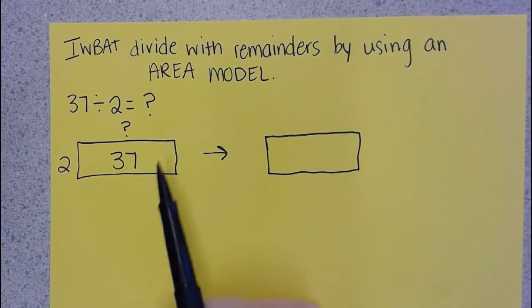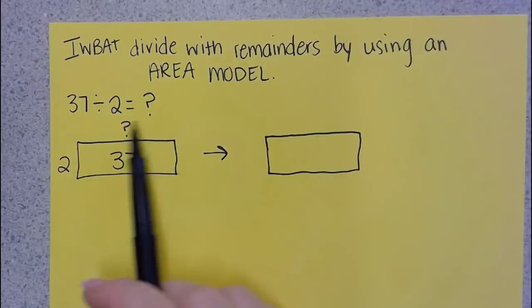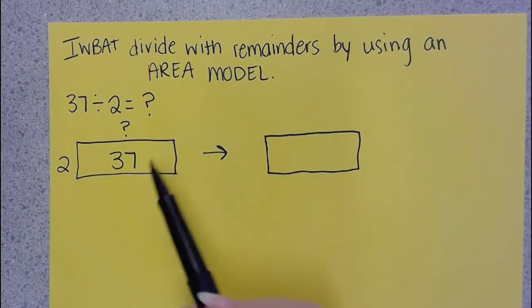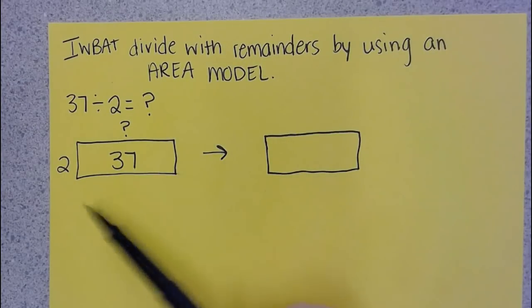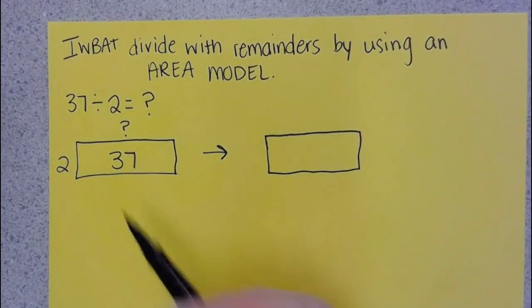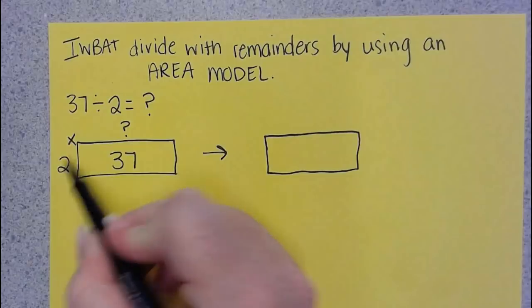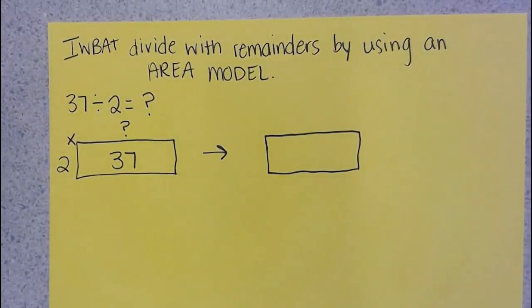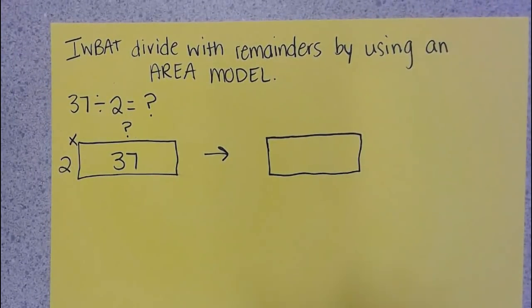So we have 37 divided by 2, and I've put equals something because I want you guys to see that this area model matches what we did when we used an area model to multiply. Okay, and so what that means is that 2 times something is going to give me 37. Okay, now here's the thing.